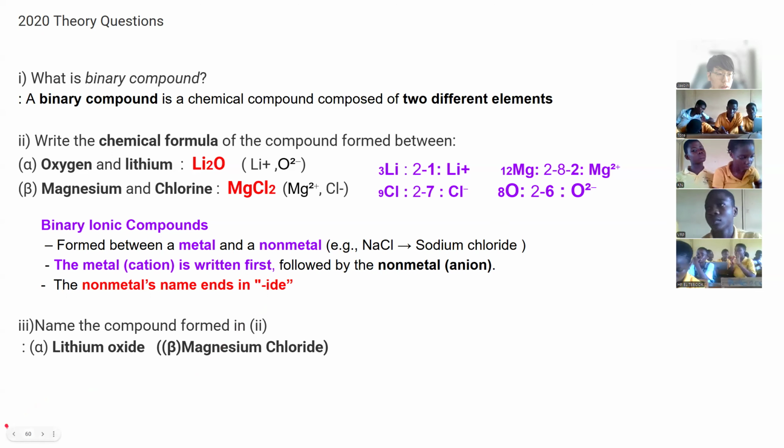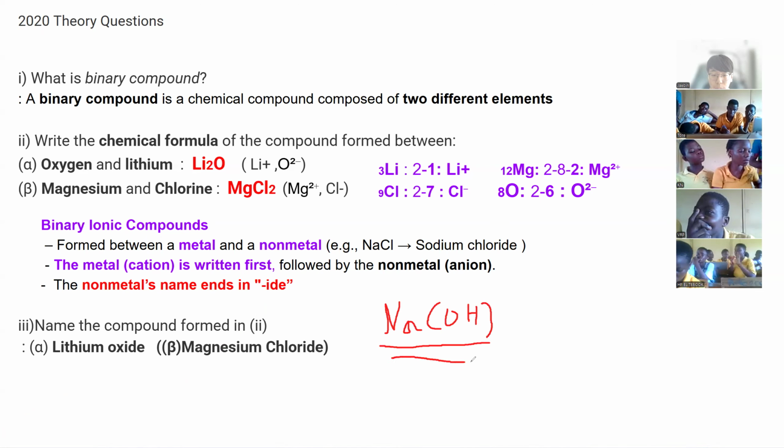Let me just ask you another question. What about NaOH? How would you name this ionic compound? Does anyone want to try? So we have Na plus combining with OH minus.